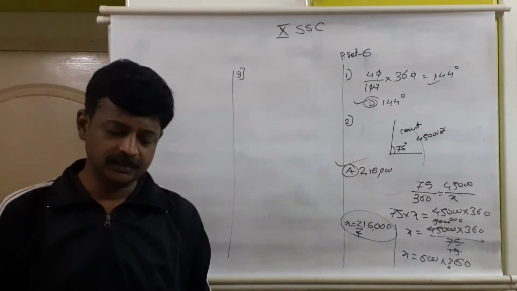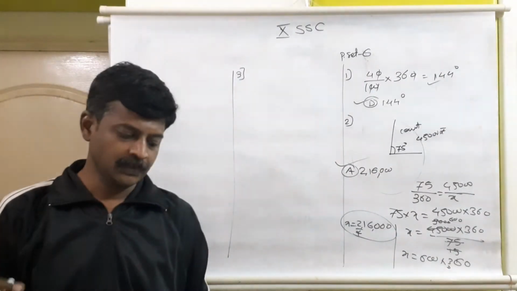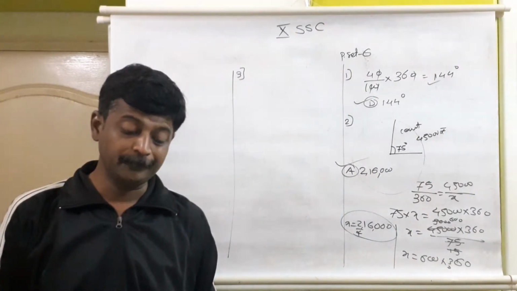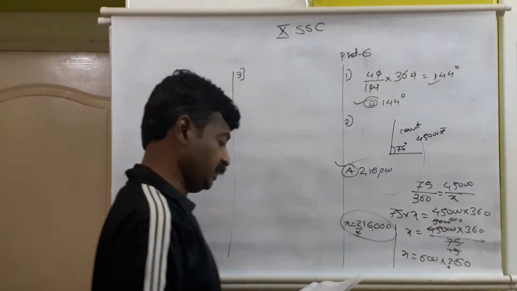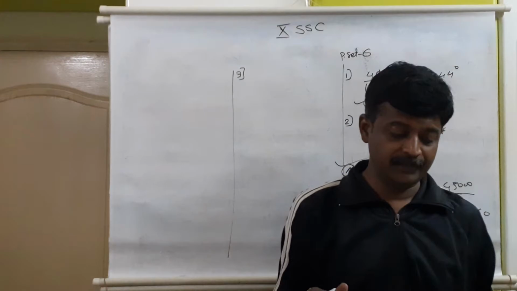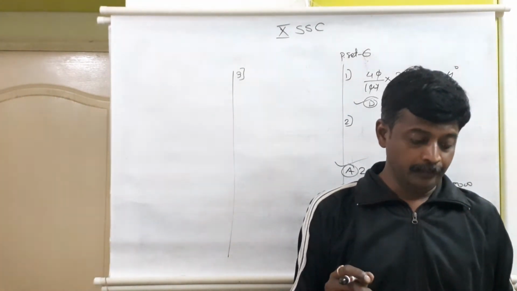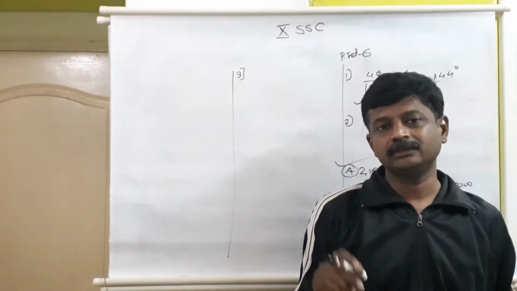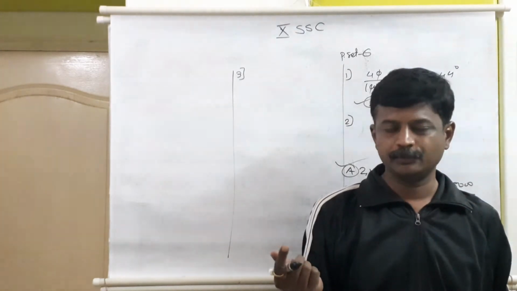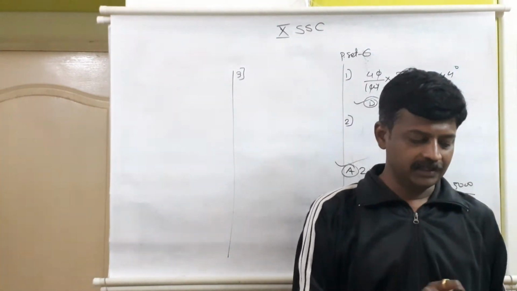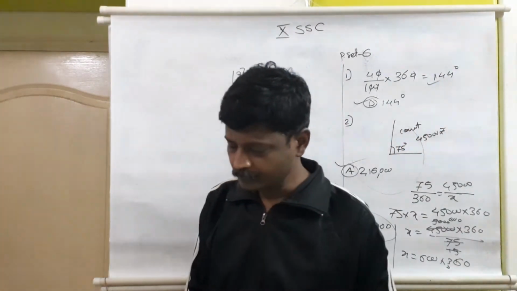Let us continue with question number 3, objective type, same page. Cumulative frequencies in a group frequency table are useful to find dash dash. Option A is mean, option B is median, option C is mode, and all of these. To find the mean, we saw 3 methods: direct method, assumed mean method, step deviation method. Anywhere we did not use the cumulative frequency. Next was median.